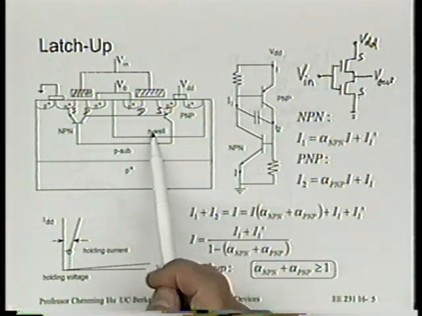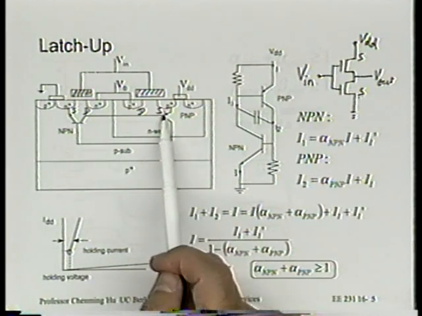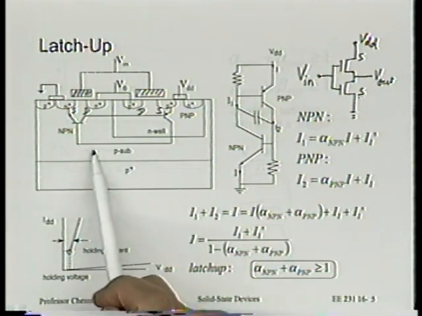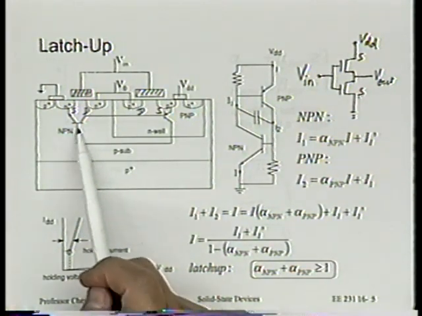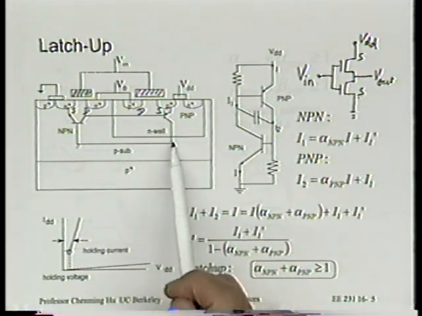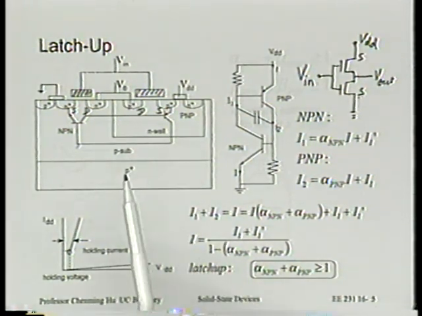You see that? The N well is the base of one transistor and the collector of another transistor. Similarly, this P substrate is the base of one transistor and also the collector of another transistor.